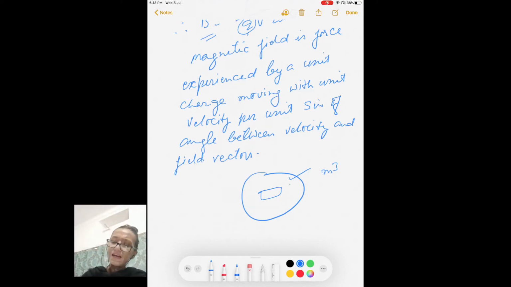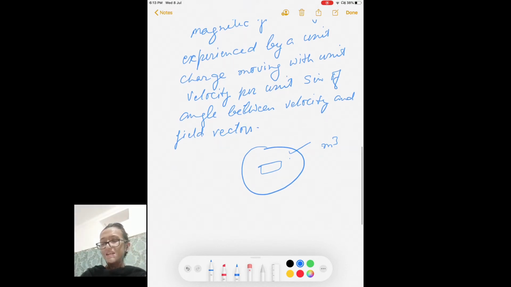Yes, you can say that the influence in the space all around a magnet is defined by magnetic field, and it is different at different points.